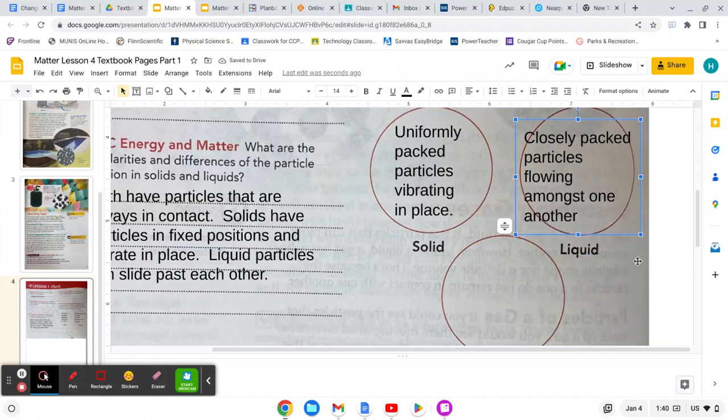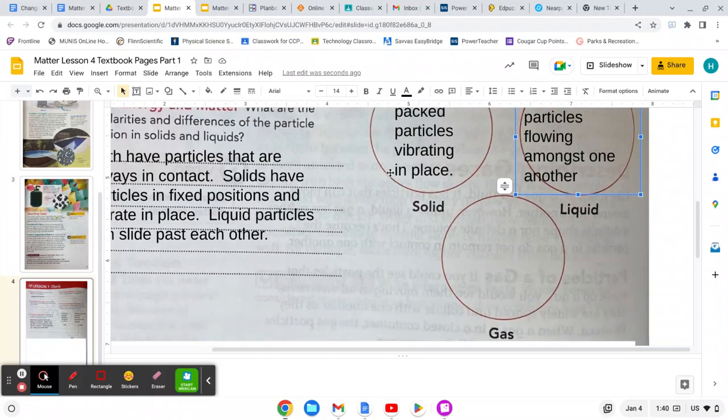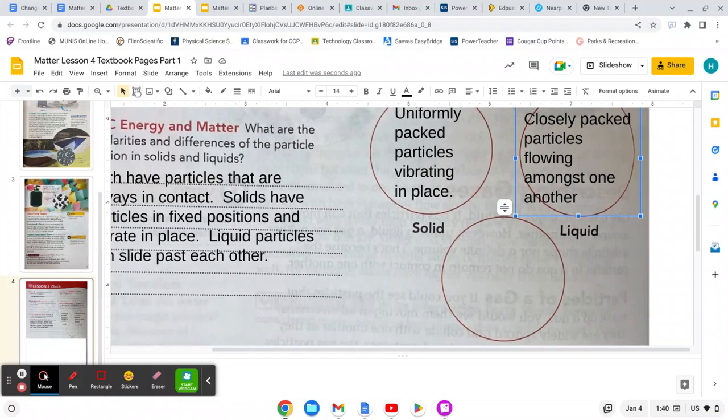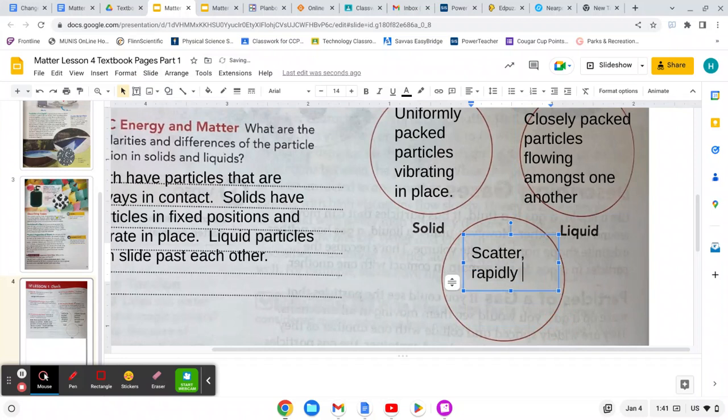So closely packed particles flowing amongst one another for liquid. And then for gas, we have scattered, rapidly moving particles.